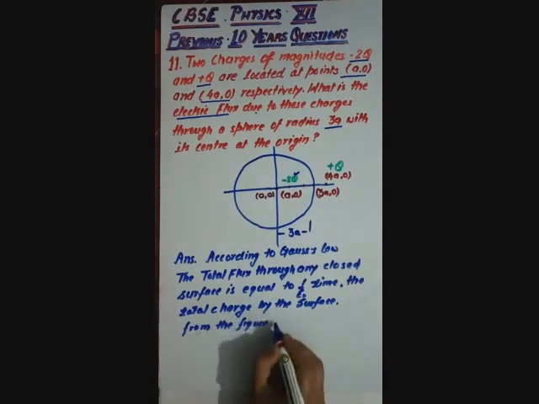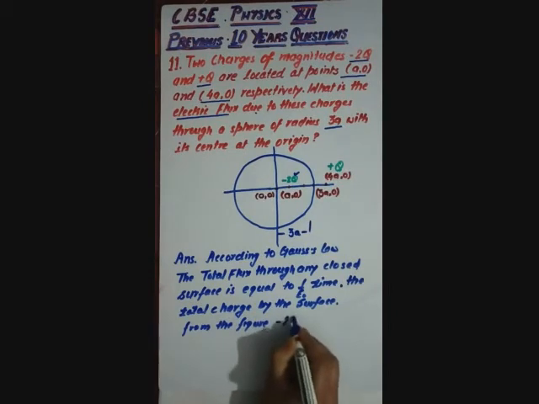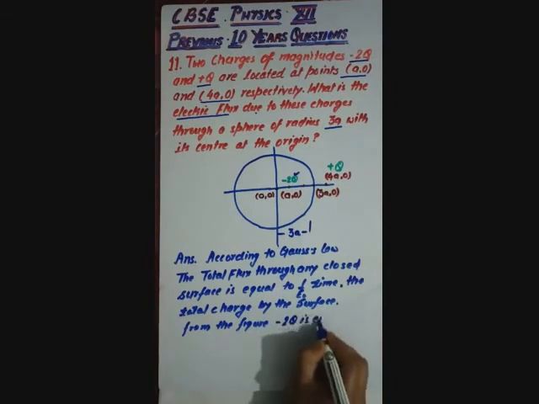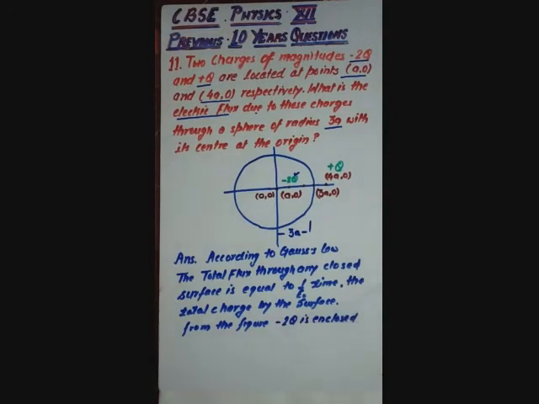Therefore, flux equals negative 2q upon epsilon naught.